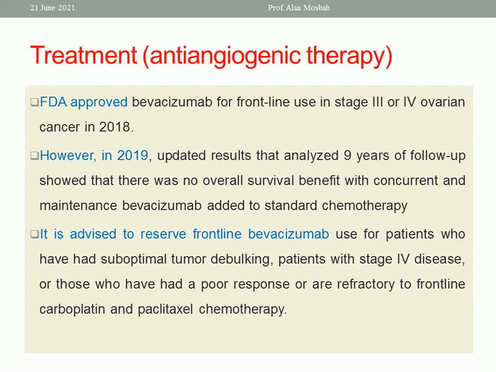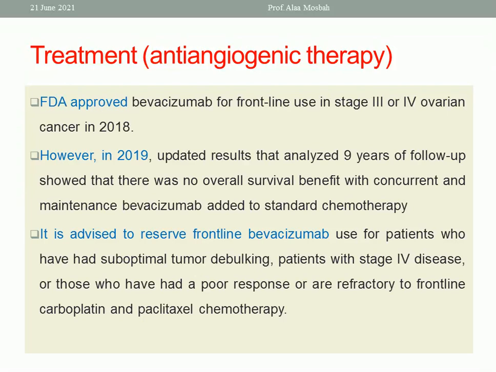However, in 2019, the updated results showed that there was no overall survival benefit with concurrent and maintenance bevacizumab added to standard chemotherapy. So, what is the end result of this controversy?